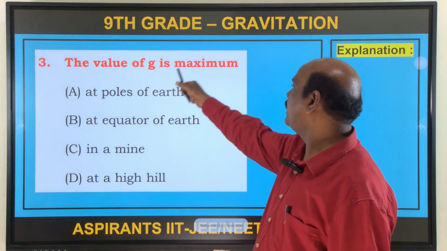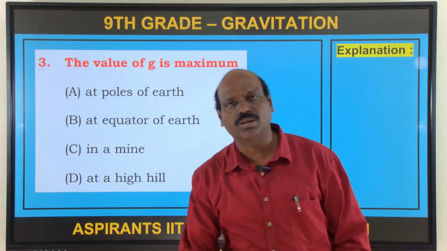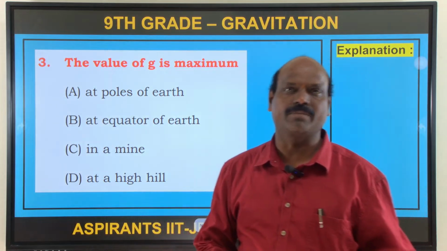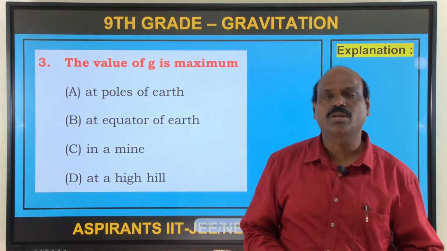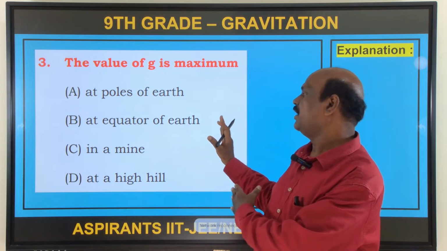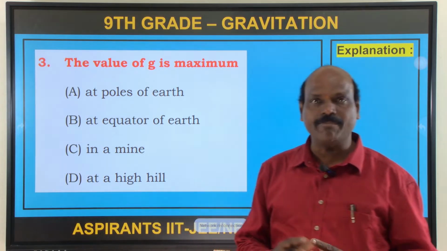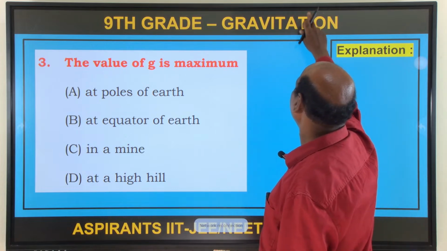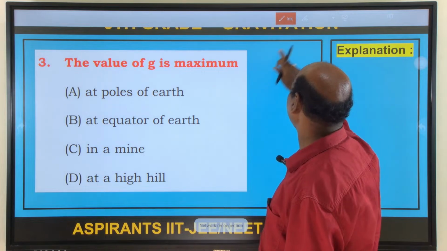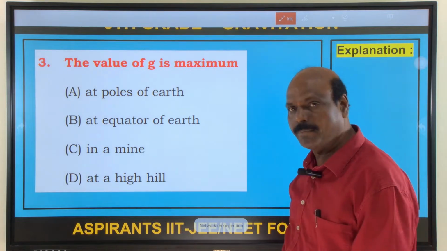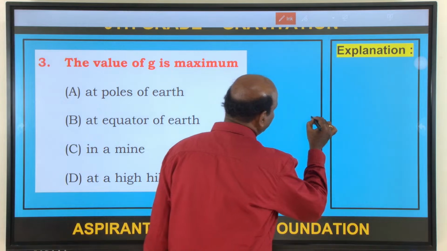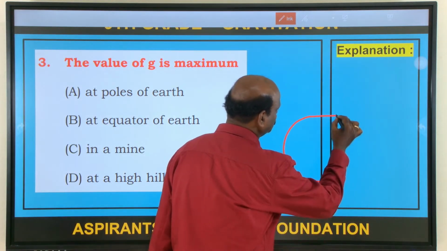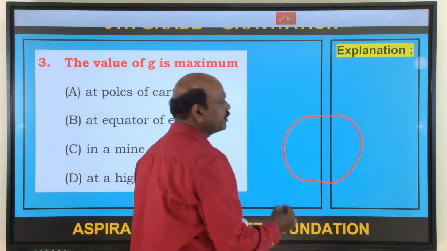Next, the value of g is maximum. On the earth, where is the value of g, the acceleration due to gravity, maximum? Is it maximum at the poles, at the equator, or the same at all positions? If you observe the shape of the earth, we say the earth is spherical, but at the poles it is slightly flattened.